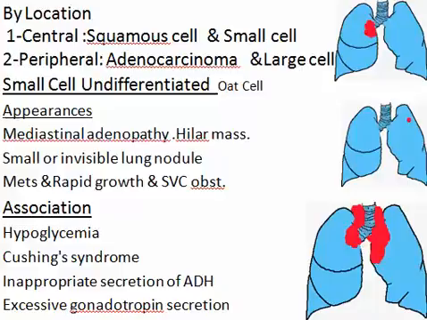It's called also oat cell carcinoma, and oat cell carcinoma usually presents with hilar mass, and the hilar mass usually results in asymmetry or increased density or prominence of one of the hilar shadows. You might see or not a lung nodule. Rapid growth with superior vena cava obstruction and metastasis to the other side may be seen. And the associations we just mentioned now.